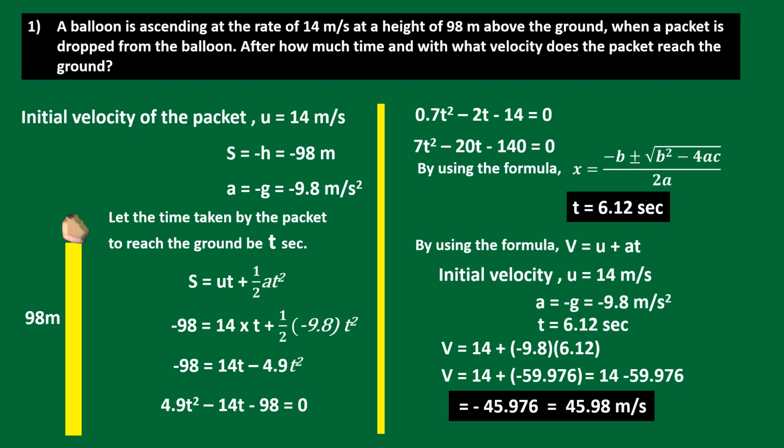45.98 meters per second. See here, we got minus because it will be in downward direction. That's why the quantities which are measured in downward direction are considered as negative. So finally, the final velocity of the packet is 45.98 meters per second when it reaches the ground.